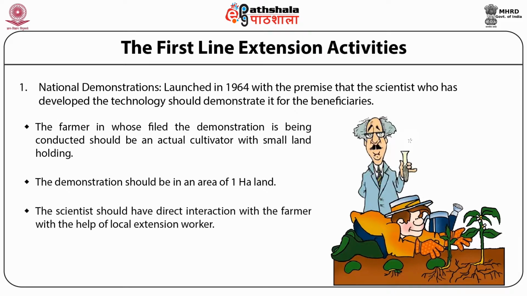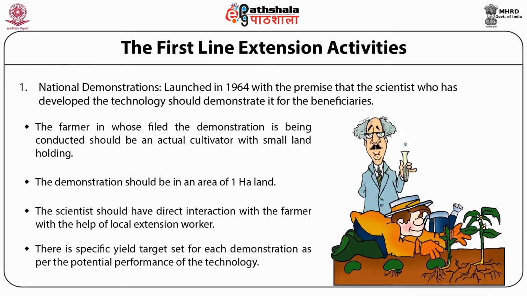The scientist should have direct interaction with the farmer where the demonstration is being conducted, with the help of a local extension worker. There is a specific yield target set for the demonstration as per the potential performance of the technology.